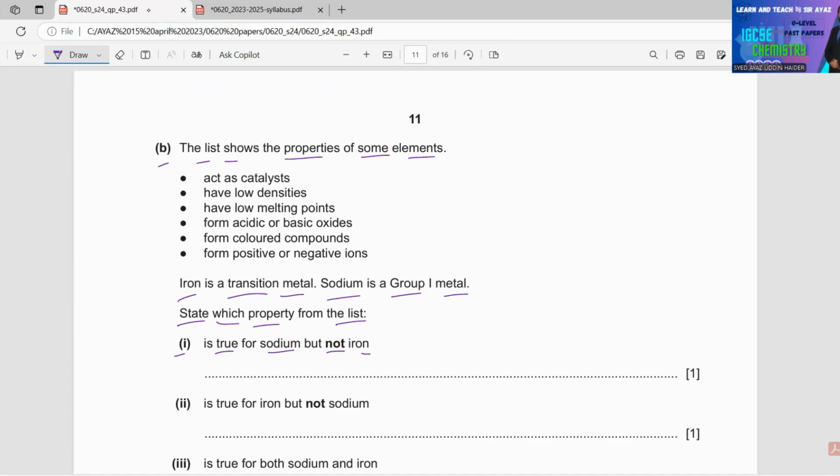For sodium, it has low density. You can either write low density or low melting point. And you can also refer to the compounds formed, which are not colored for sodium. So I'm writing either low densities or low melting points.